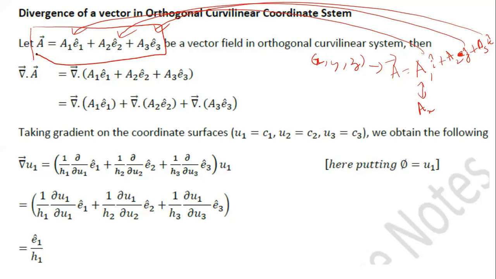And A1 is a function of U1, U2, U3. Similarly, A2 is also a function of your coordinate variables, and A3 is also a function of your coordinate variables U1, U2, U3.